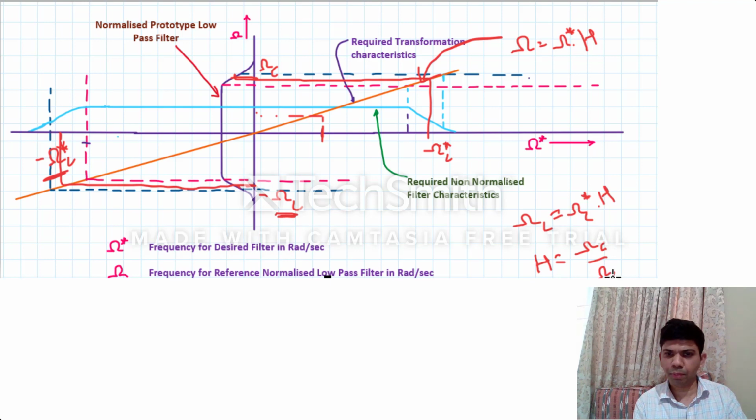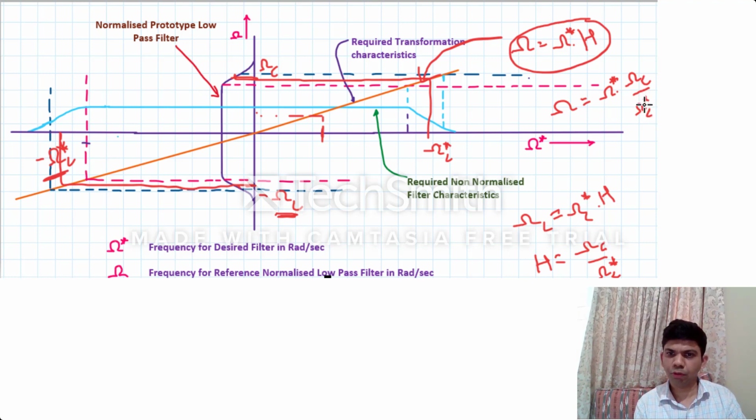So putting this value of h in the equation of the transformation characteristics, that is omega equal to omega star into h, I get the equation omega equal to omega star, any frequency omega star, into omega c, that is the cutoff frequency of the reference prototype filter, divided by omega c star.